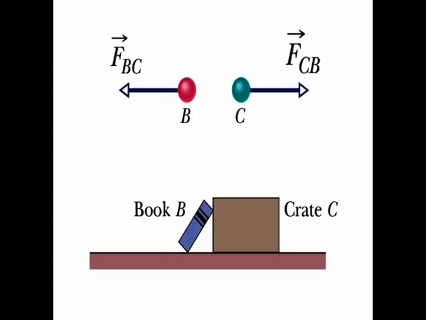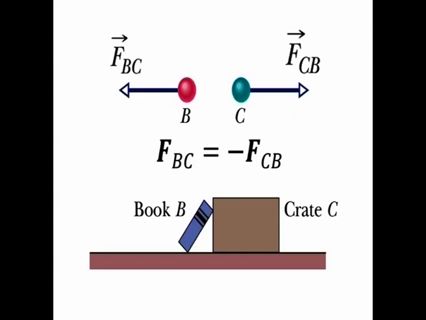For the book and crate, we can write the law in scalar form as FBC equals FCB, equal magnitudes, and in vector form as FBC equals minus FCB, equal magnitudes and opposite directions. Here the minus sign means that the two forces are in opposite directions.